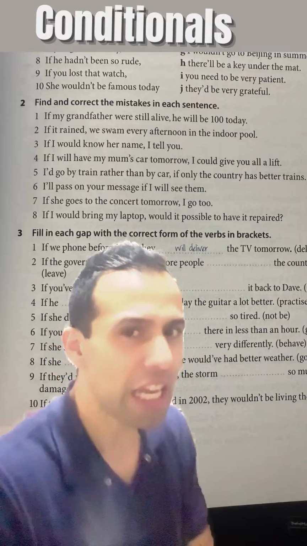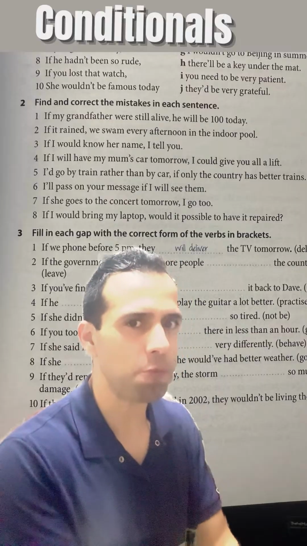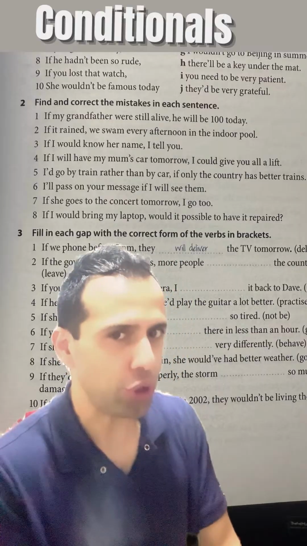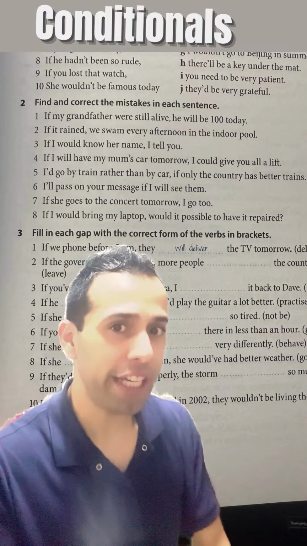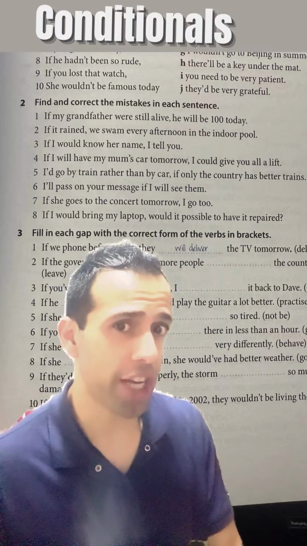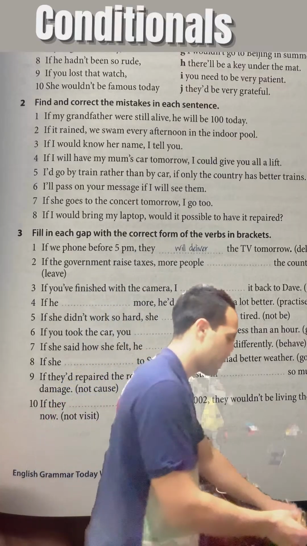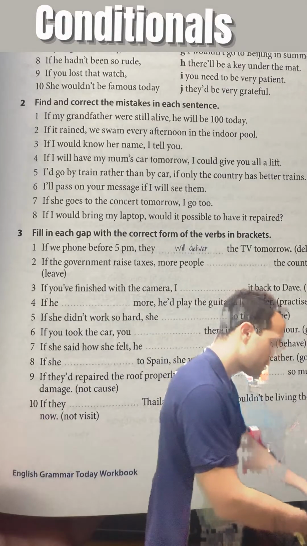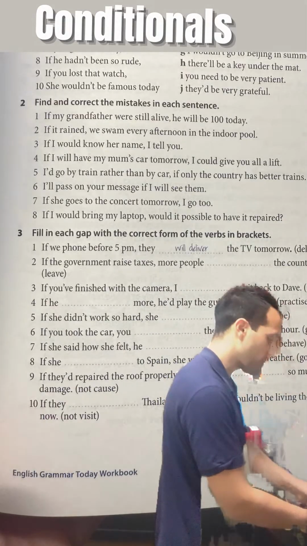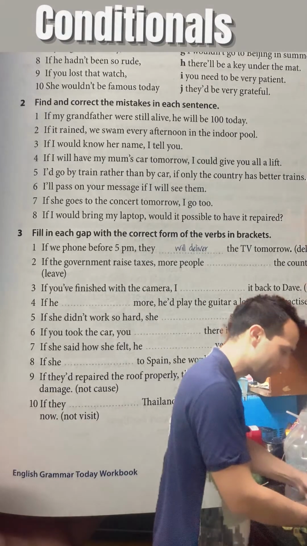In the if parts, you don't usually use would or will. You say, if I knew her name, hypothetically speaking, which means I don't know her name right now. I mean, hypothetically speaking.